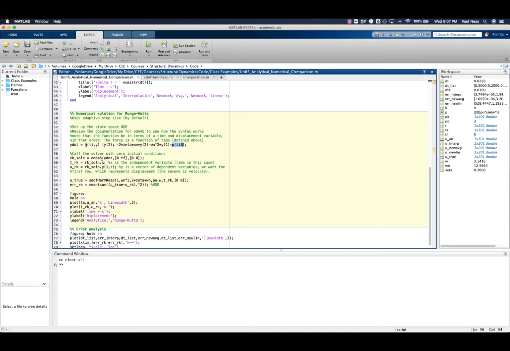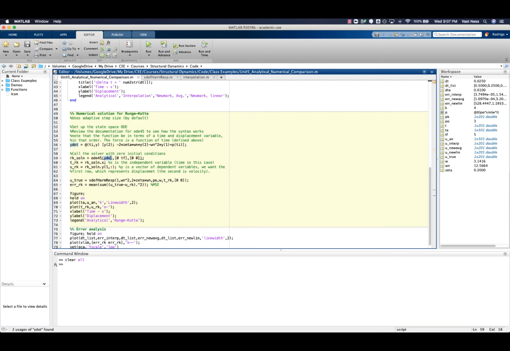Once we have that function defined, and I encourage you to look at the documentation for ODE45 to see exactly what the format of this function should be, it must be in terms of a time variable and a response variable. That is how the function knows to call your response function.